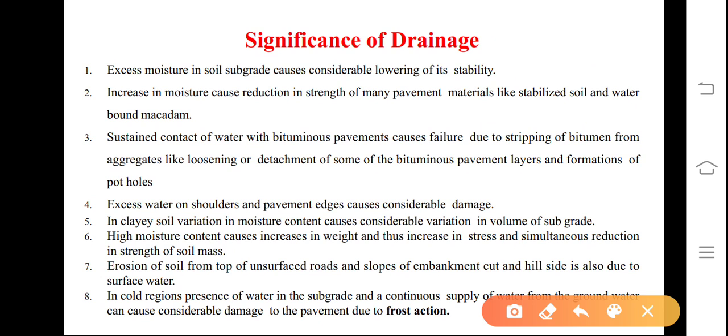Aggregates will start coming out of the pavement or the road surface. Thereby there will be loss in the material. Thereby voids will become more and soil will get packed and it absorbs moisture, that is water, and loses its strength.